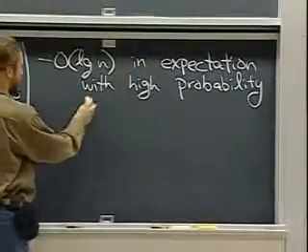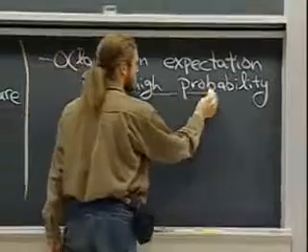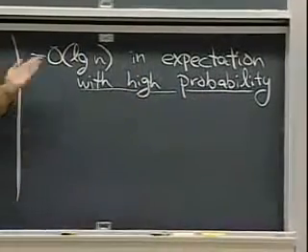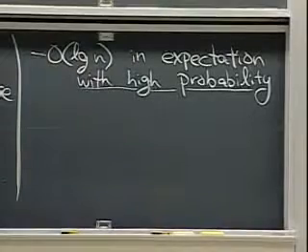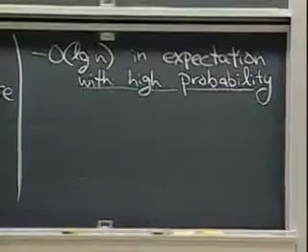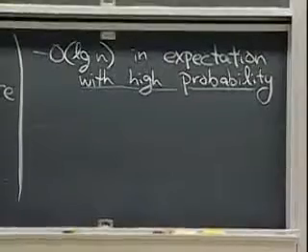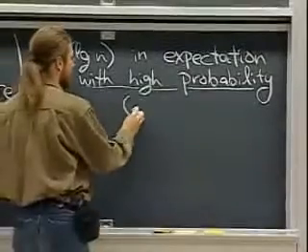So this is a very strong claim. And it means that the running time of every operation is order log n almost always, in a certain sense. Why don't I foreshadow that?